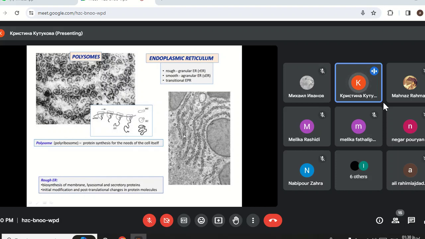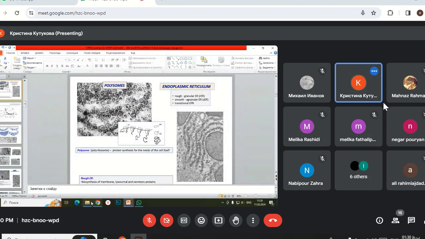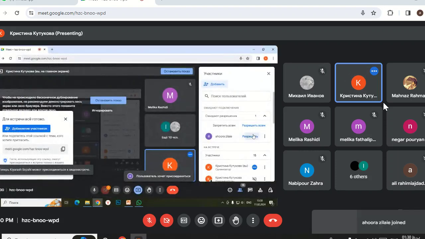If the ribosomes are attached to the surface of rough endoplasmic reticulum, like here, they also produce proteins, but in this case, these proteins will be located inside the cistern of the endoplasmic reticulum.